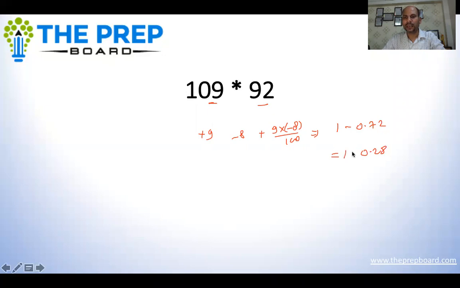Put 1 here, remove the decimal, 2 digits after decimal, 2 digits prior to decimal. So this is 10028. This is the product of this 10028. Okay, 2 digits after decimal, 2 digits prior to decimal, and then 1 additionally. But yes, remember, we are solving only numbers which are close enough to 100.